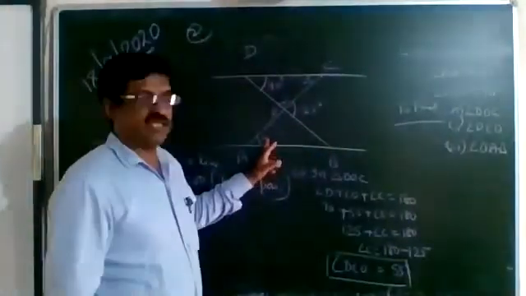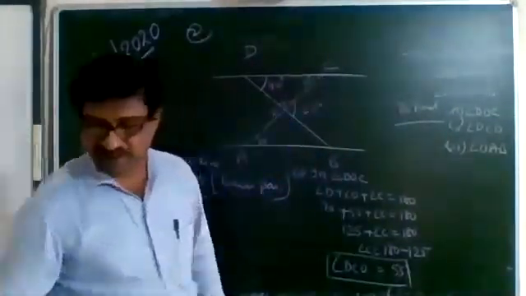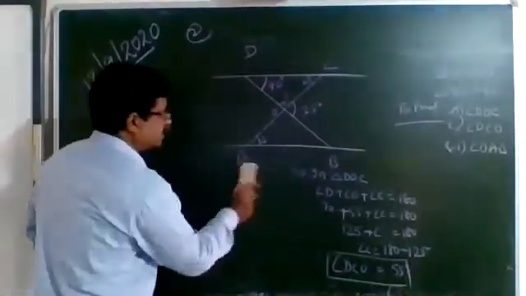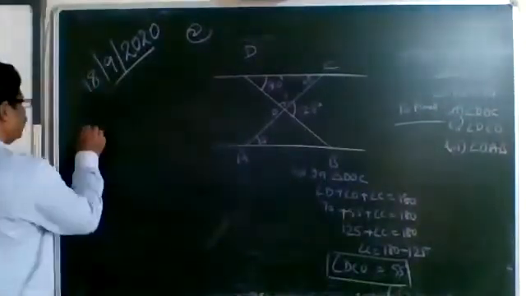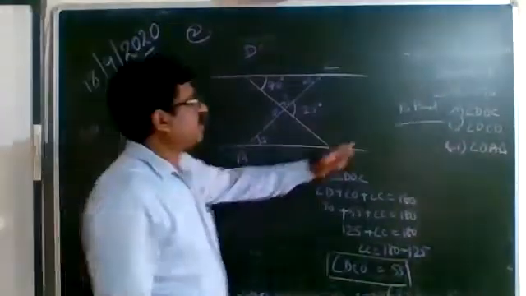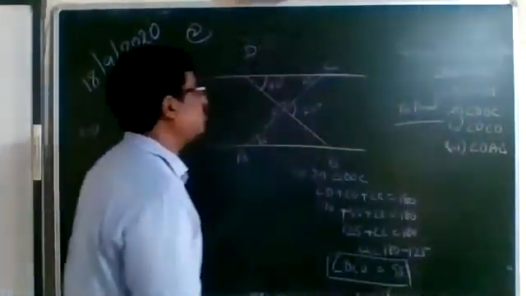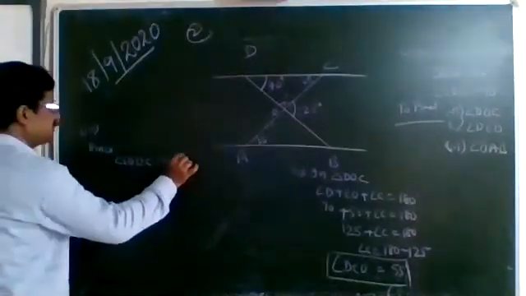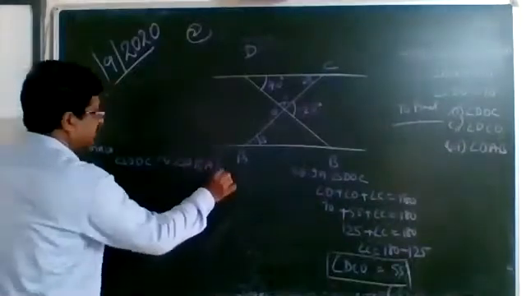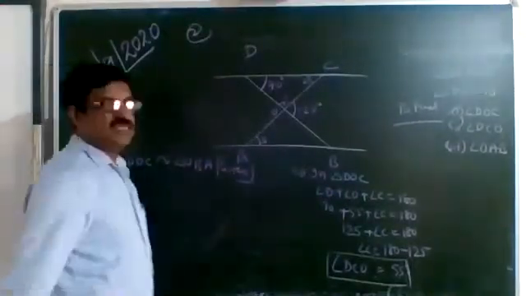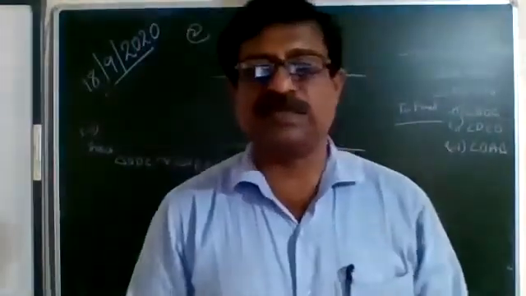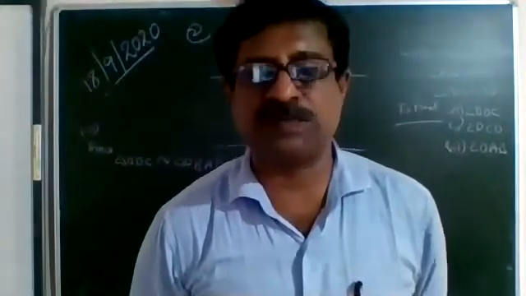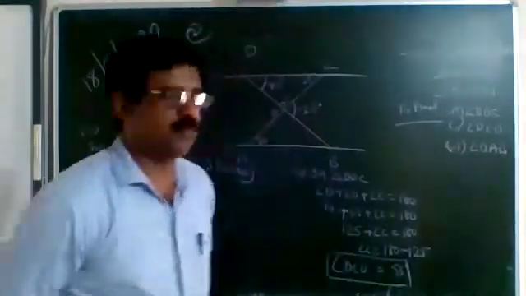The measurement of angle 3 will be equal to 55 degrees. The reason is not alternate angles. The reason is something else, with the help of whatever is given. Here it is given that triangle ODC is similar to triangle OBA. If these two triangles are similar, we know that their corresponding angles are equal and corresponding sides are in the same ratio, proportion.